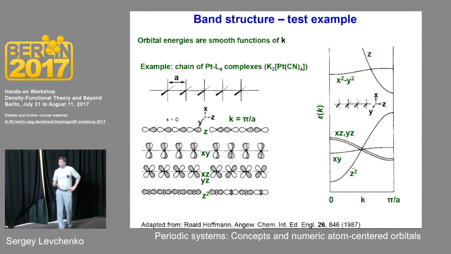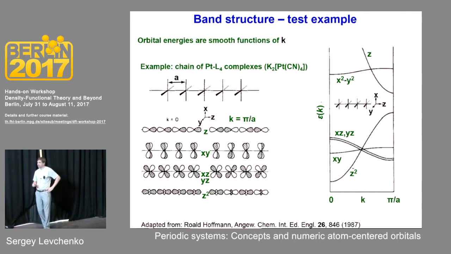So one can actually construct or draw a band structure without actually calculating it. And this was again shown by Roald Hoffmann. Let's consider a chain of four-coordinated platinum complexes. Platinum has d orbitals and also p orbitals.